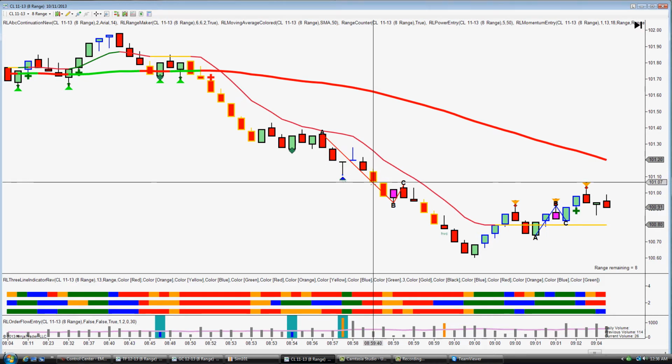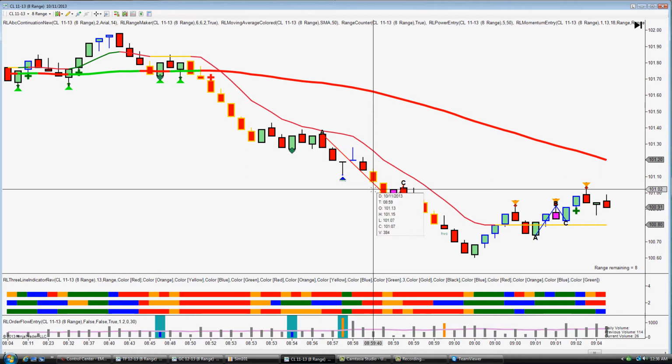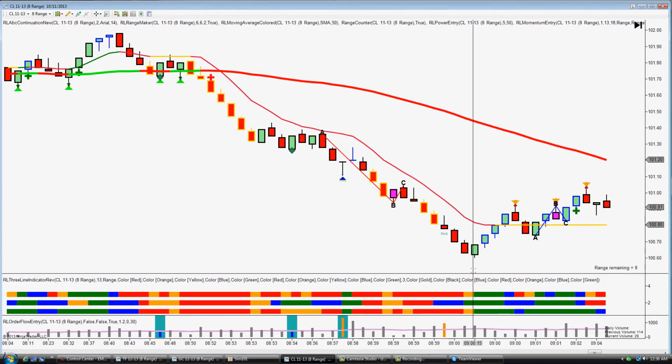Momentum, stochastic, and order flow are with us. We're in one tick below the close. The close is at 07. We're in at 06. And this takes us down to a low of 60.